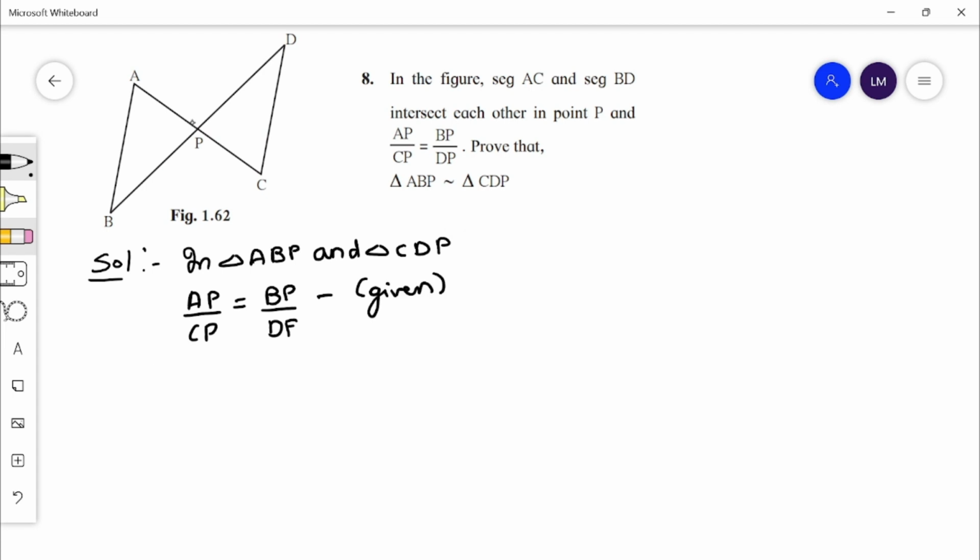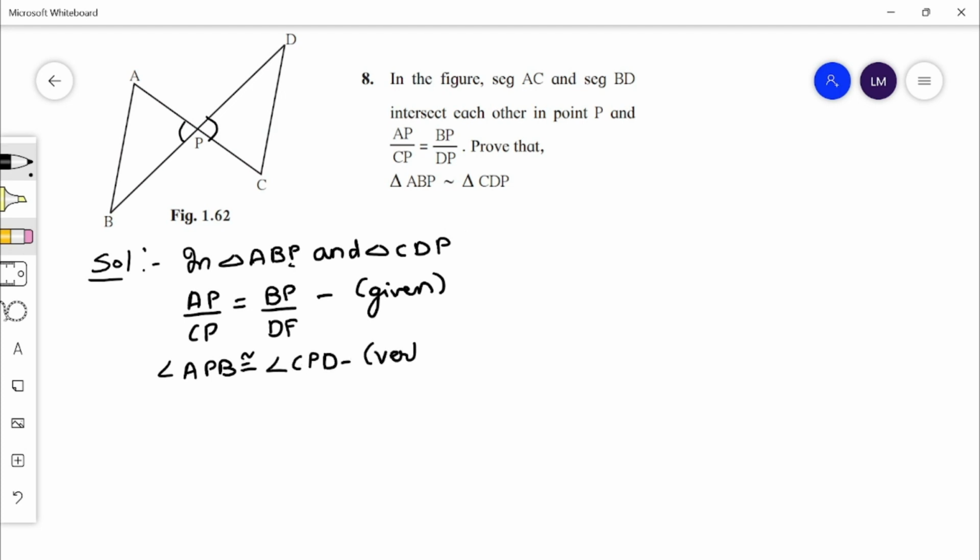Now we can see from the figure it is vertically opposite angle, right? That means angle P. So we can write that angle APB is equal to, or congruent to, angle CPD.